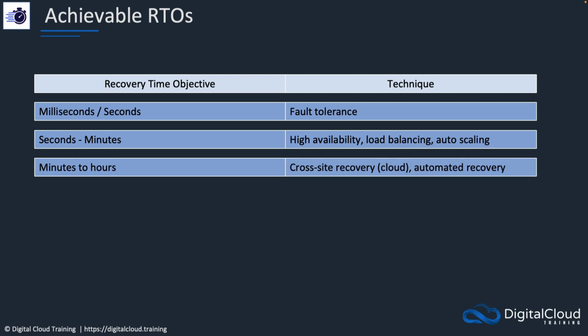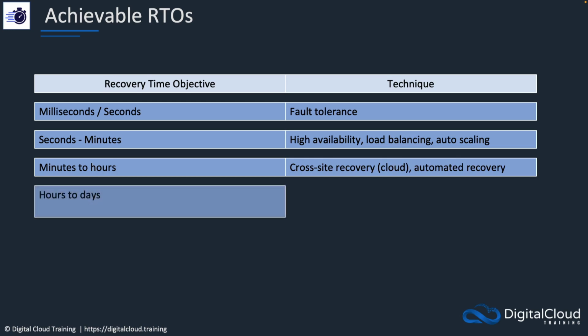So perhaps an entire region goes down. Well, it could take a bit of time to now bring up that infrastructure in another region. Not necessarily, depends on how you built it, but it could do. And then automated recovery, where you have some kind of scripts, some automation that's happening to bring systems up, but there may be a fair number of dependencies and systems and it takes a bit of time.